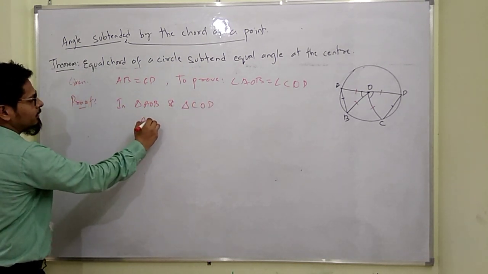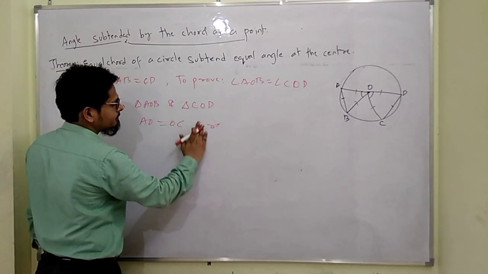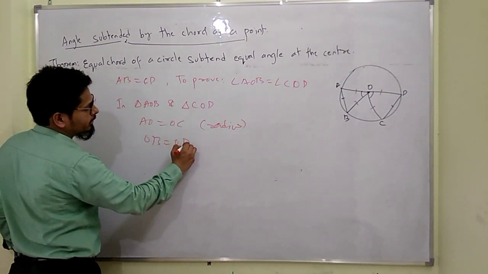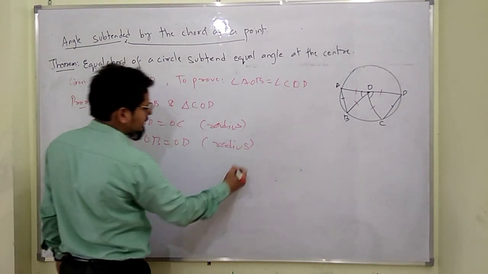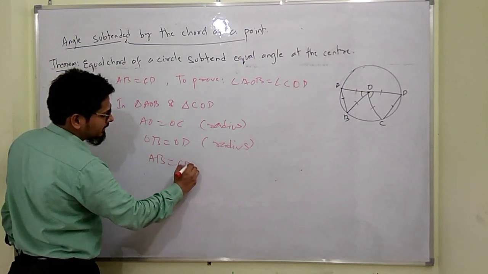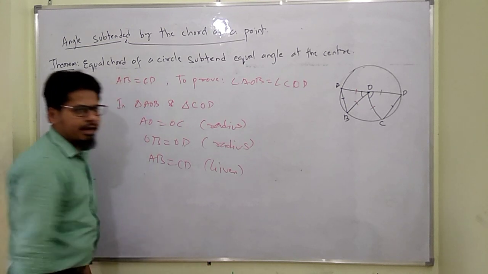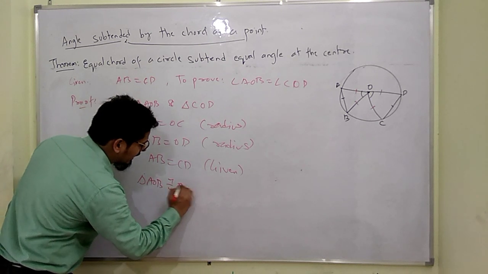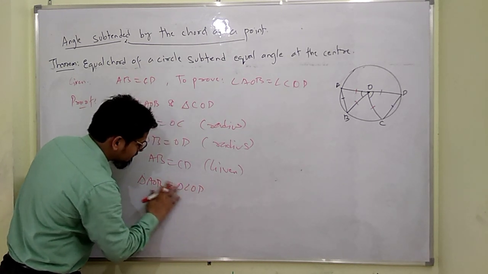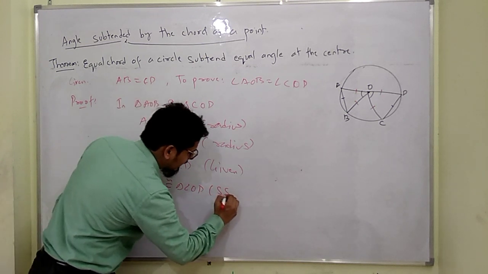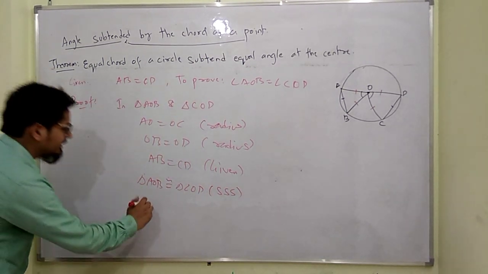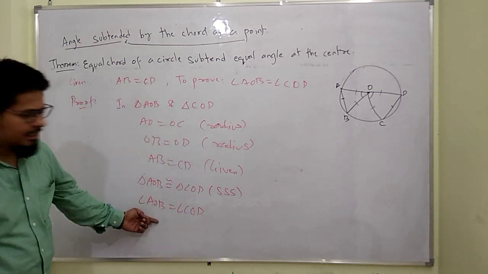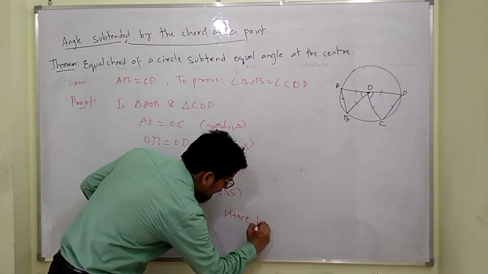Here AO is equal to OC, it is the radius of the circle, and OB is equal to OD, it is also the radius, and AB is equal to CD, it is given. So by SSS, triangle AOB is congruent to triangle COD. And by CPCT, I write here angle AOB is equal to angle COD. Okay, hence proved.